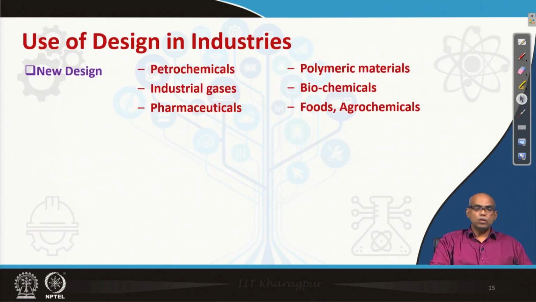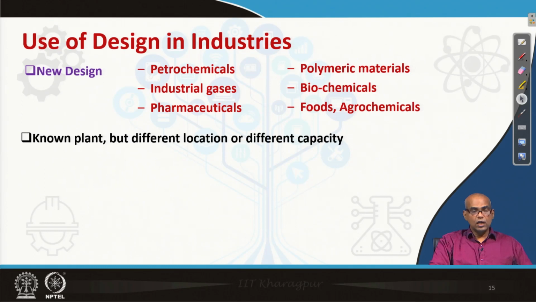So, the design is used for new design of producing materials such as petrochemicals, industrial gases, pharmaceuticals, polymeric materials, biochemicals, foods, agrochemicals, etc. So, whenever you are going for new design, known plant, but different locations or different capacity. Suppose there is a manufacturing plant in one particular city.